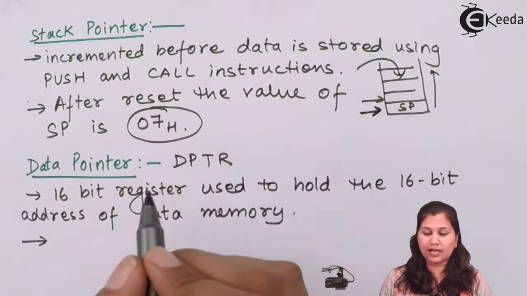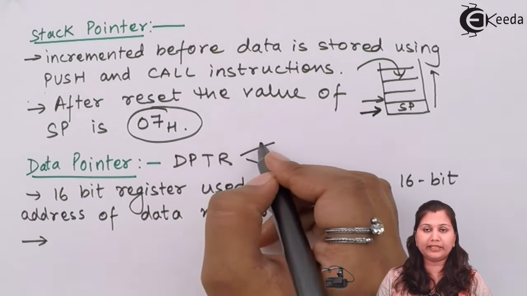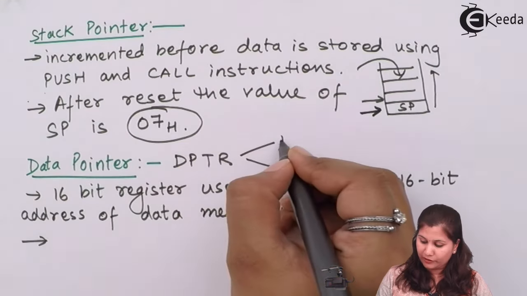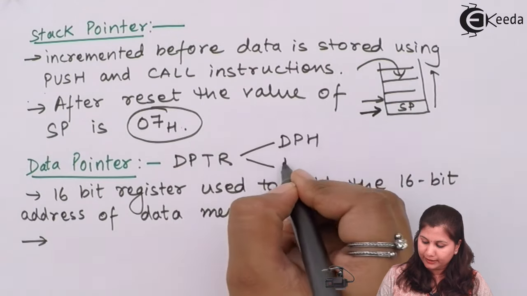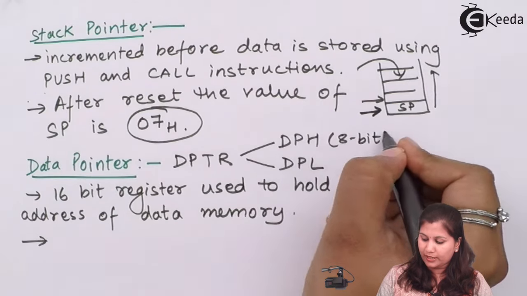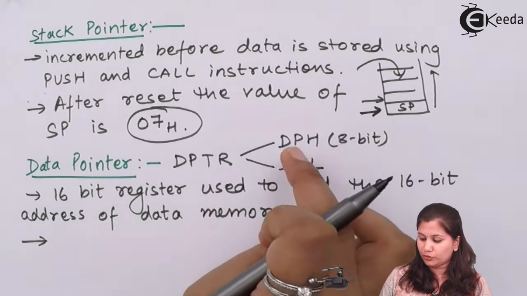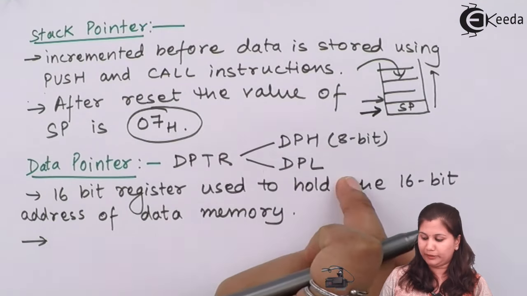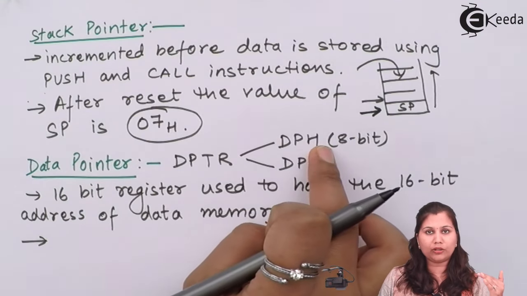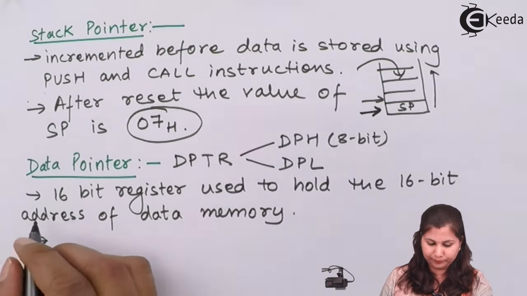Now this DPTR, because it is 16-bit, can be divided into 8-bit registers, which are DPH and DPL. If we want to store an 8-bit address, then we can use either DPH or DPL. DPH means higher order data pointer and DPL is the lower order data pointer.